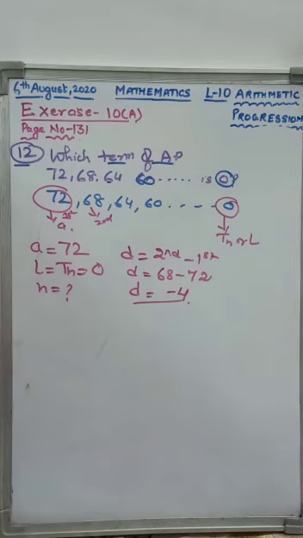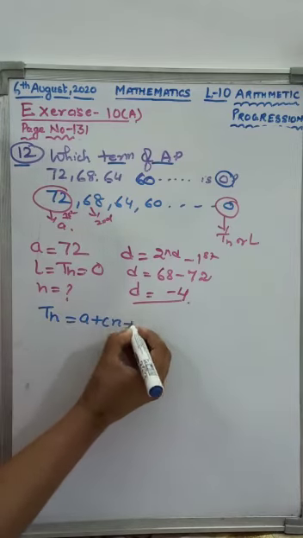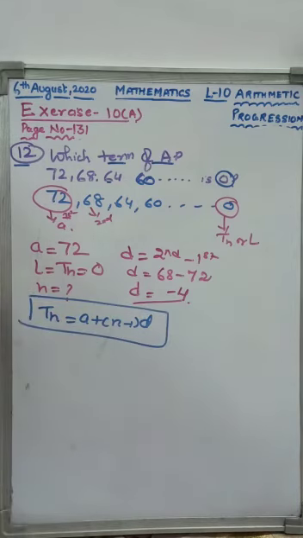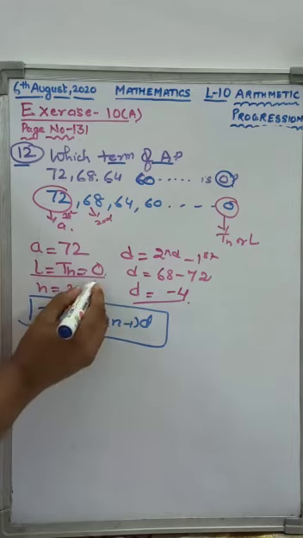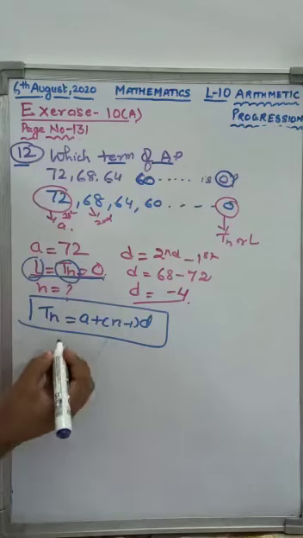Let's use the general term formula. Tn is equal to a plus n minus 1 into d. So let us substitute the value. Here Tn or the last term is what? 0. Don't get confused, last term and Tn term mean the same.